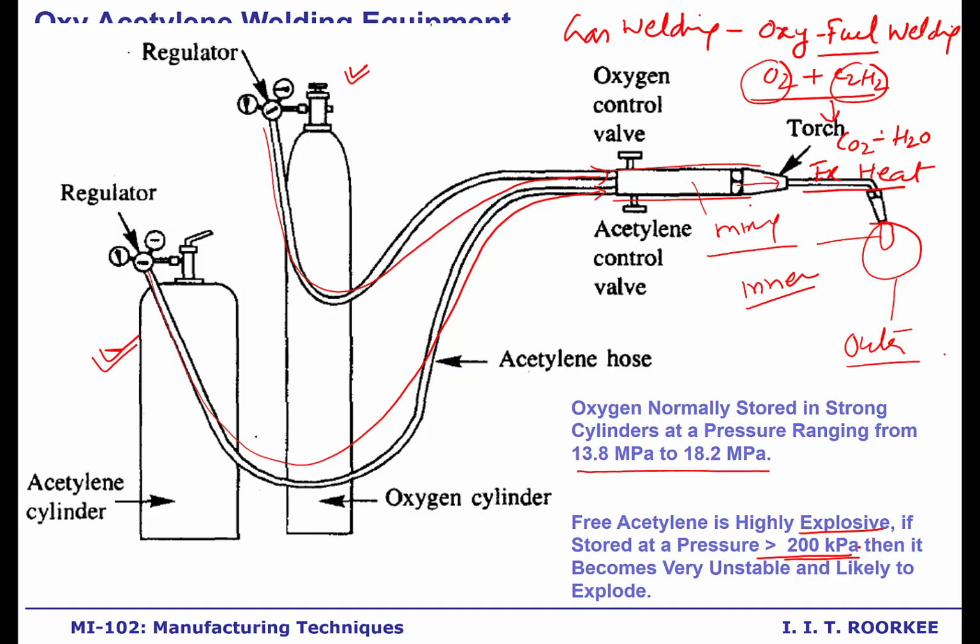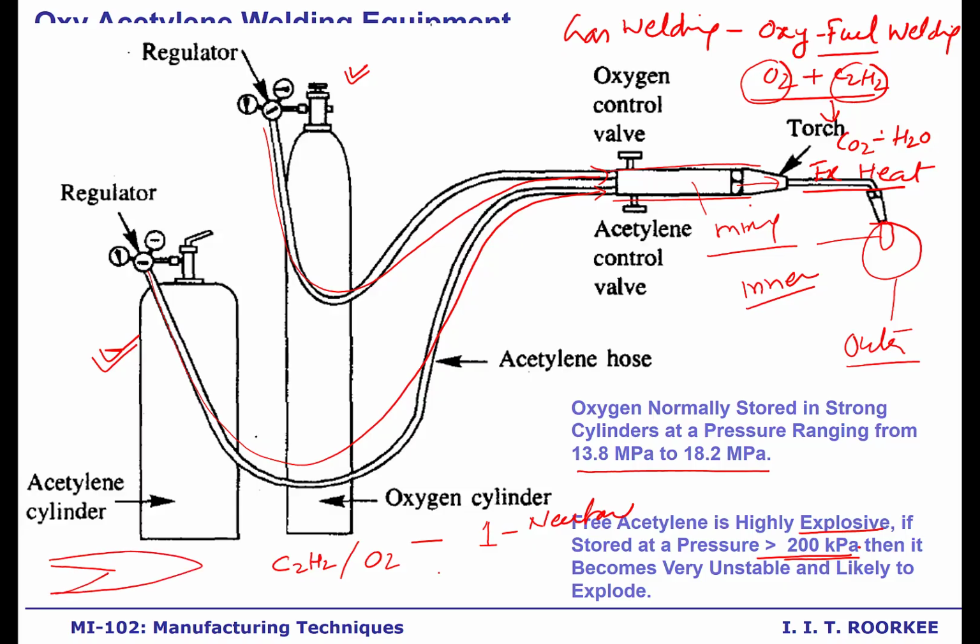There are three types of flame based on the proportion of fuel gas and oxygen. When this ratio is 1, we have the neutral flame, with just the inner cone and outer cone.